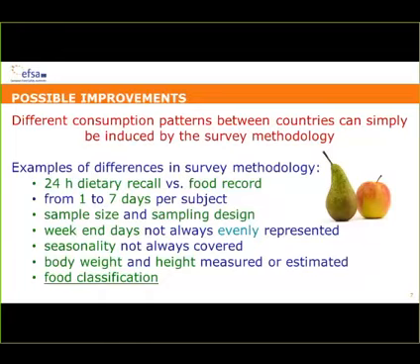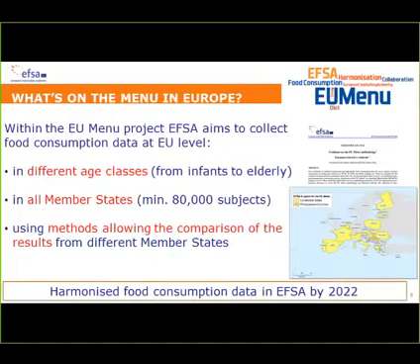And for this reason, a few years ago, EFSA launched a framework program called What's on the Menu in Europe. In short, we call it the EU Menu Project, within which we are supporting member states to collect new data, again, in different age classes and in all member states.